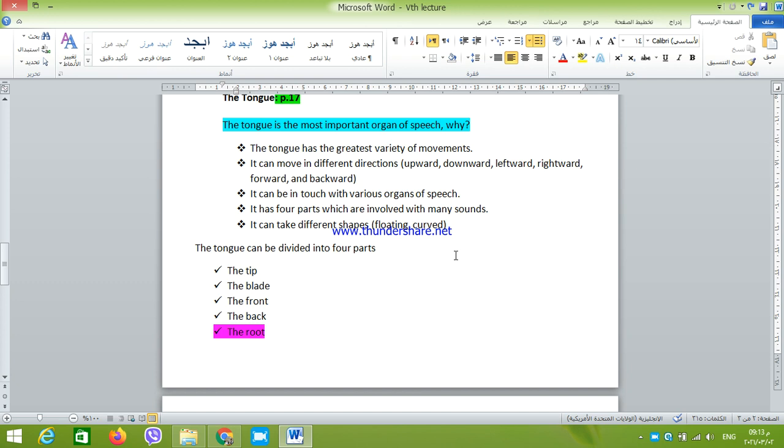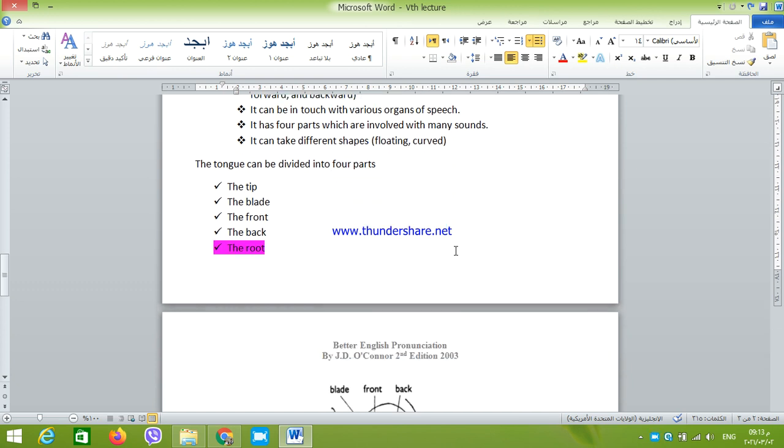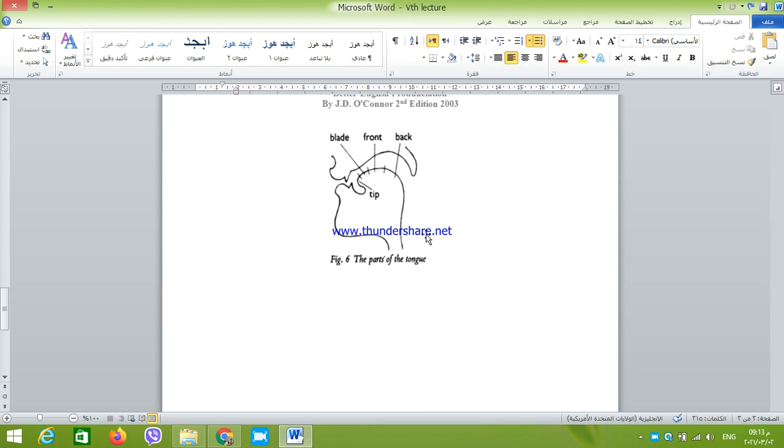It has 4 parts which are involved with many sounds. The tongue, as we can see in this figure, is divided by some scholars into 5 parts, which include the root of the tongue.